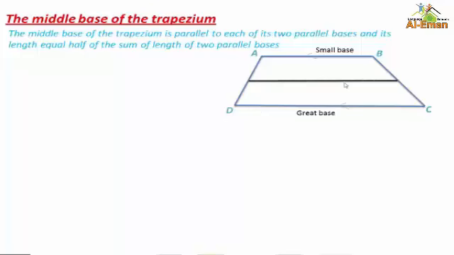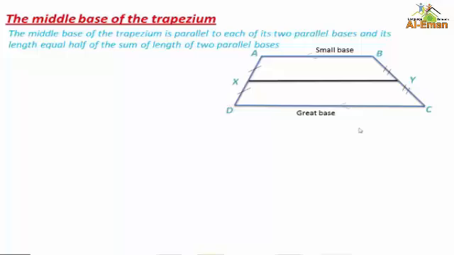Then here we join this line segment XY. This XY is parallel to these bases, the small base and the great base, and it divides the two legs, where AX equals DX and BY equals CY.